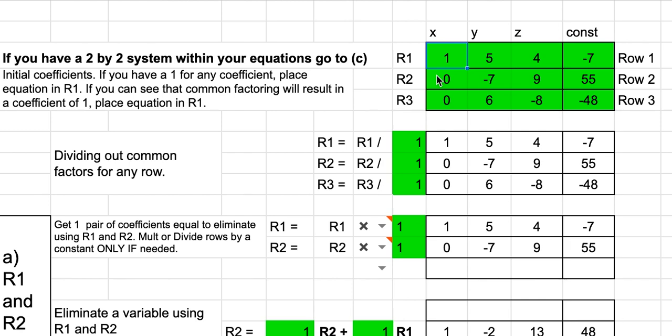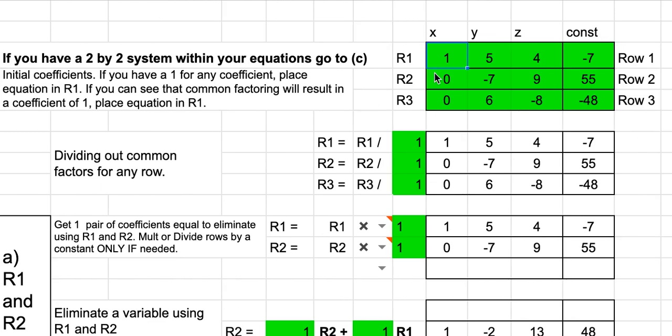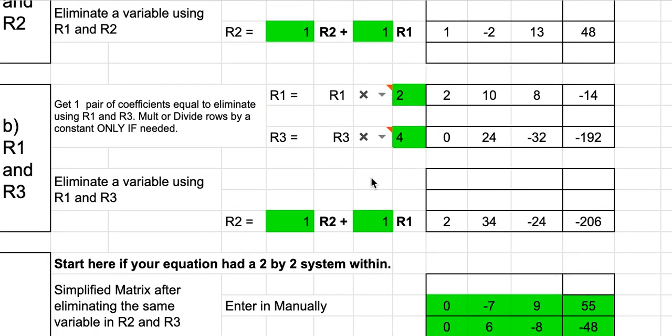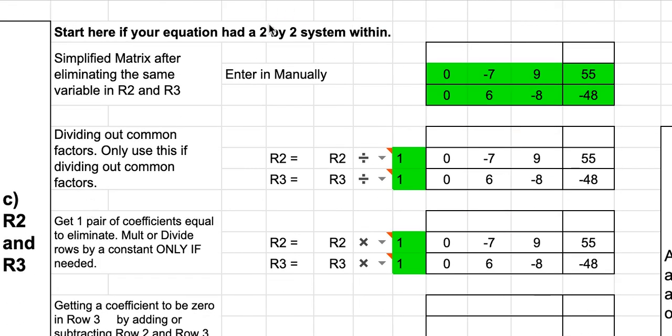You'll see as we go through it, there are so many different permutations and combinations, but if you have only 2 equations with 2 unknowns amongst the 3 equations, you put those in the second 2 rows. If you have this situation right here with 2 equations and 2 unknowns, you jump down to what I call part C, which says start here if your equation had a 2 by 2 system within it.